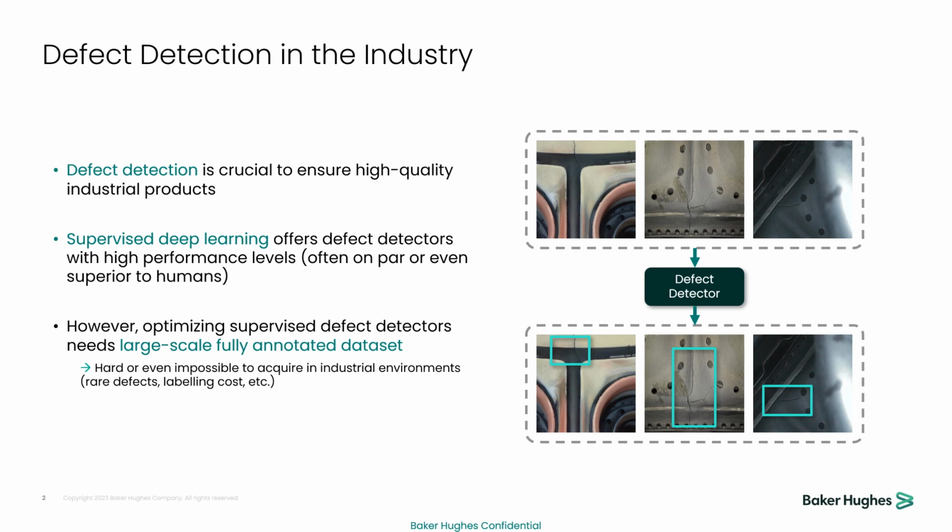However, optimizing supervised defect detectors needs large-scale, fully annotated datasets, which are hard to obtain in industrial environments because engineers strive to optimize real-world industrial procedures and minimize the number of defective products as much as possible. Lastly, producing high-quality annotations is costly and often requires experts.